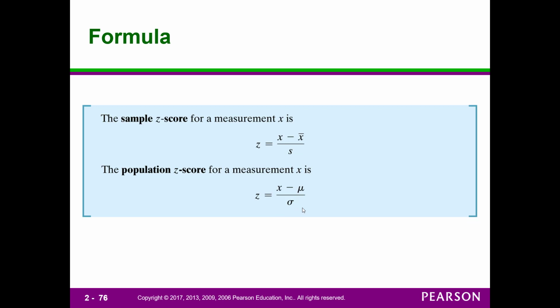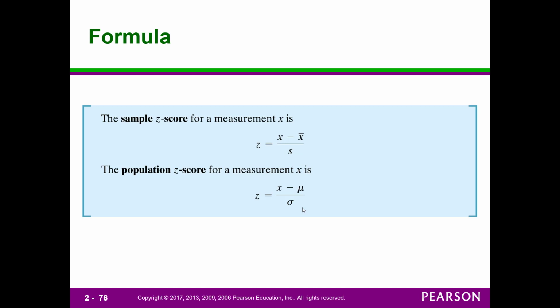Note that the z-score is calculated by subtracting X bar or mu from the measurement X and then dividing the result by S or sigma. The final result, the z-score, represents the distance between a given measurement X and the mean, expressed in standard deviations.